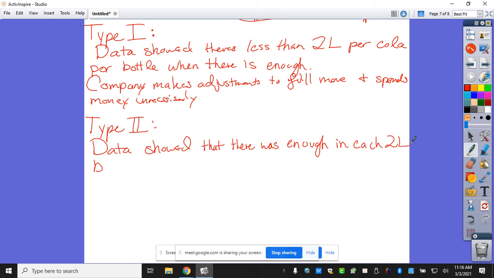So the data showed that there was enough in each bottle, but actually what? More specific.